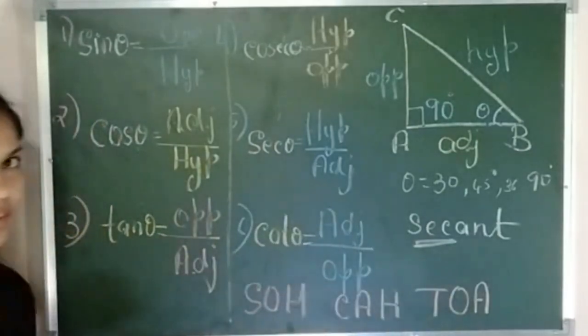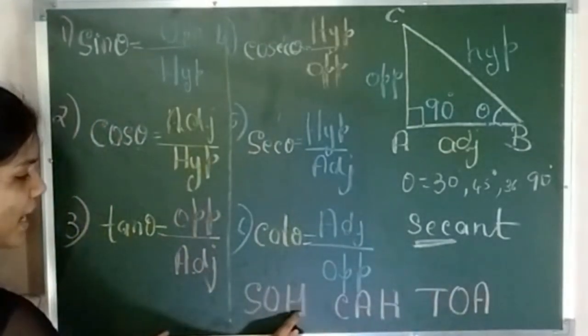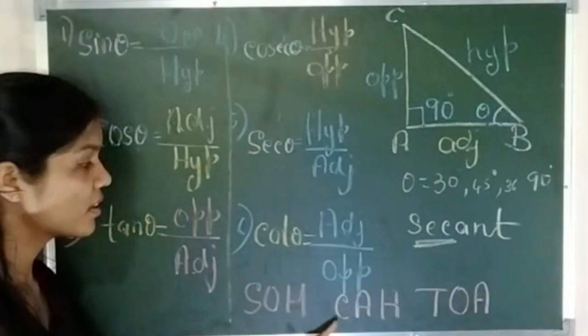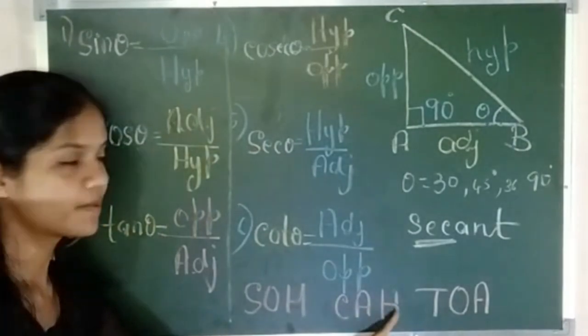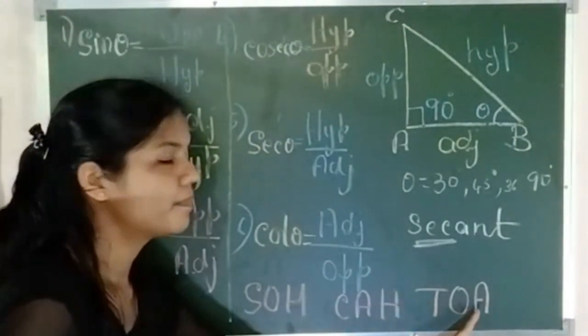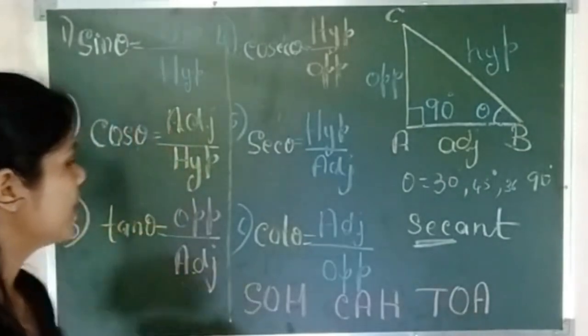Sine is opposite by hypotenuse, cos is adjacent by hypotenuse, and tan is opposite by adjacent.